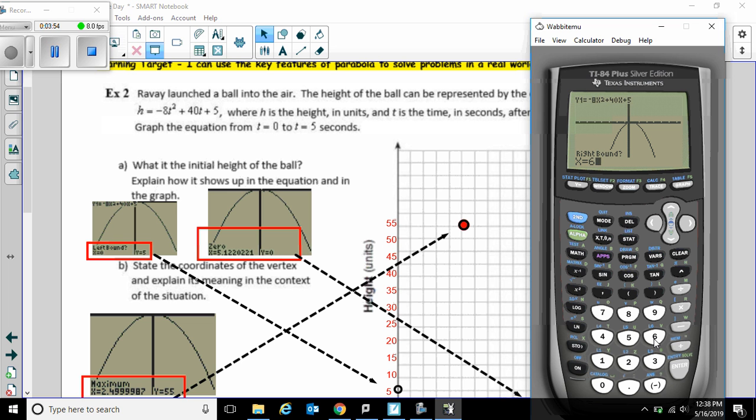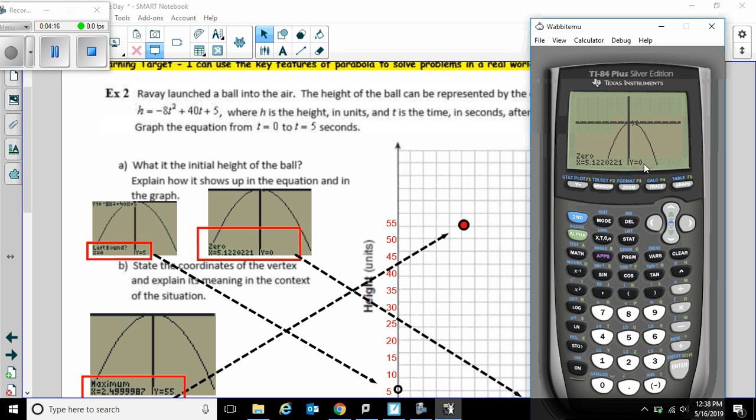I know it's roughly close to 5. So here I am, it's between 0 and 6, and I'm saying, well, computer, please make a guess. The computer guessed, and it gave me 5.11 is when it comes back to the ground.